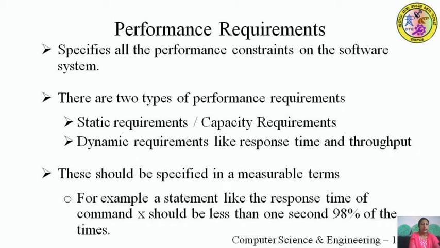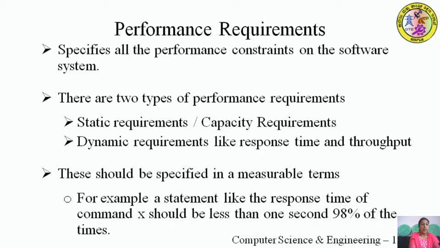Static requirements are those that do not impose constraints on the execution characteristics of the system. Static requirements include requirements like the number of terminals to be supported, the number of simultaneous users to be supported, and the number of files that the system has to process, etc.